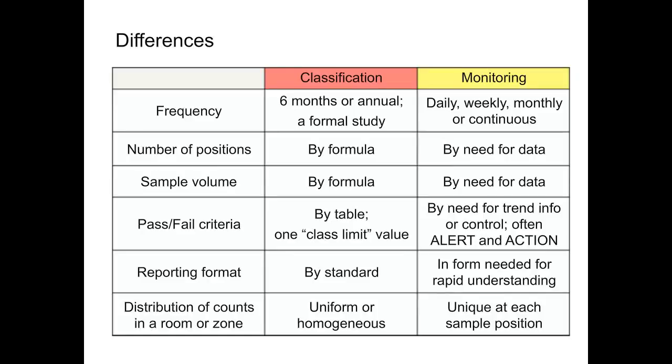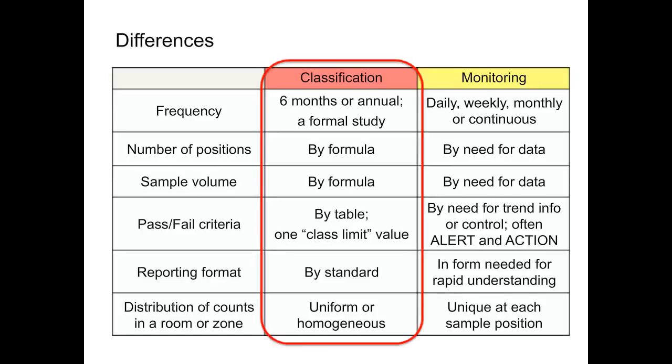So when we look at the classification effort, for example, to start, it's something that's a formal study. It's done every 6 months or perhaps once a year. The number of positions, sample volume, format, and so forth are all dictated within the standard. And there's a single ultimate pass-fail limit for the classification. You either have an ISO 5 at 0.5 microns or you don't, based on a limit for that particular size and that particular classification.